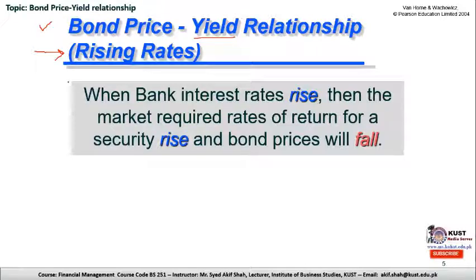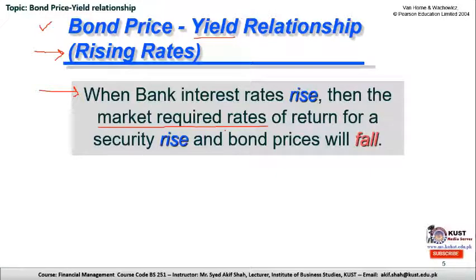What does it mean? It means that when the bank interest rate rises, like this is an independent variable, if the market required rate of return or the bank interest rate rises, like for example, previously it was 5%, and now if the government has changed the deposit rate or bank offer rate to the depositor and it has risen, then the market required rate of return for a security will also rise.